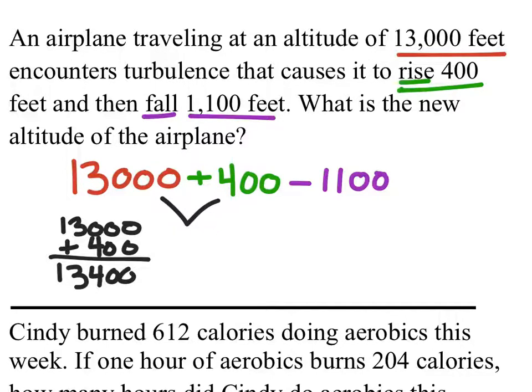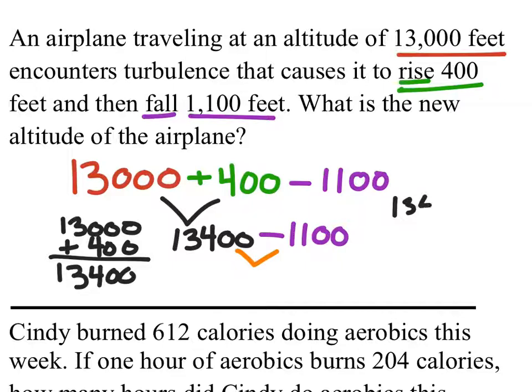So from here, you would have the 13,400 feet, but then it's got to fall 1,100 feet from there. So we perform this operation with the 13,400 feet, and we would subtract the 1,100 feet. So 0 minus 0, 0 minus 0, there's zeros. 4 minus 1 is 3. 3 minus 1 is 2, then I'll drop the 1.